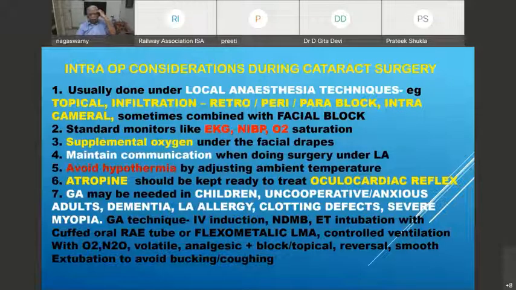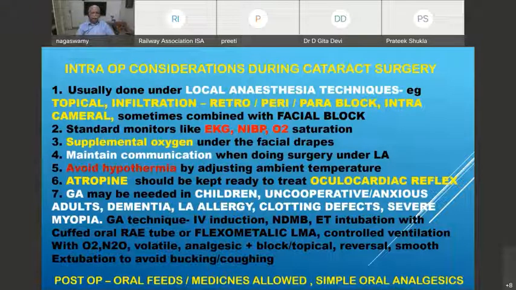Air will be better. Nitrous oxide can stimulate vomiting. So volatile anesthetic agent and analgesic plus block or topical. Reversal, smooth extubation to avoid bucking and coughing. So these are all the steps of GA.